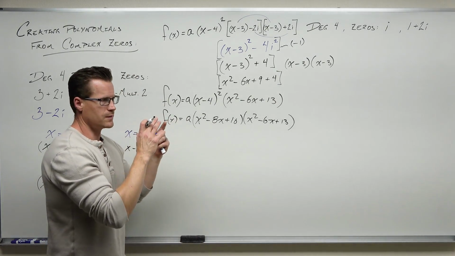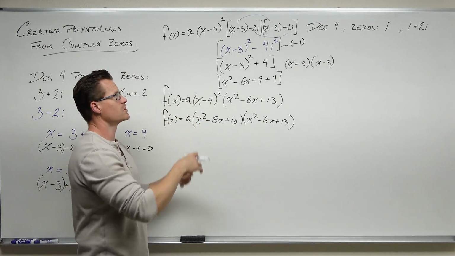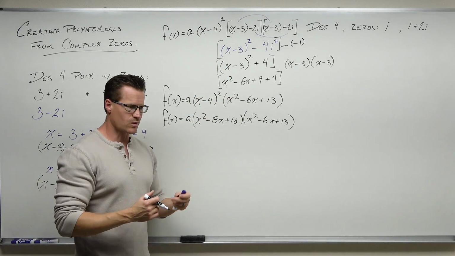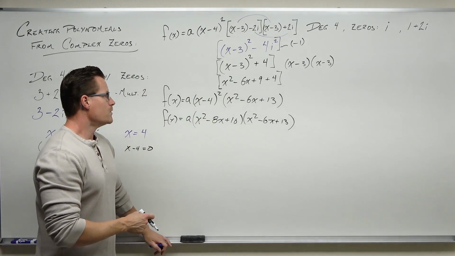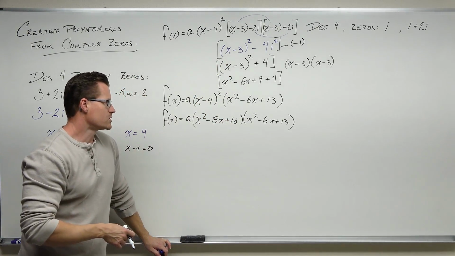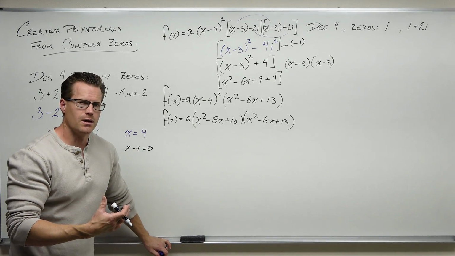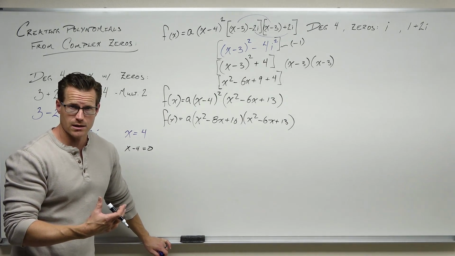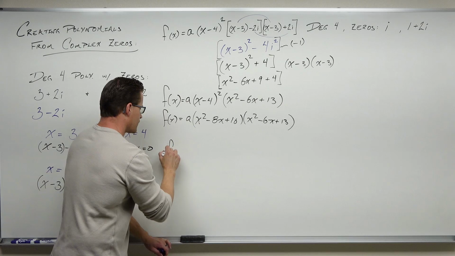So hopefully you agree with the distribution of complex numbers when I'm doing it. It's the easiest way I've ever come up with to do that. Then you distribute this. What I'm going to do is just give you the final answer, what you would get for your polynomial.